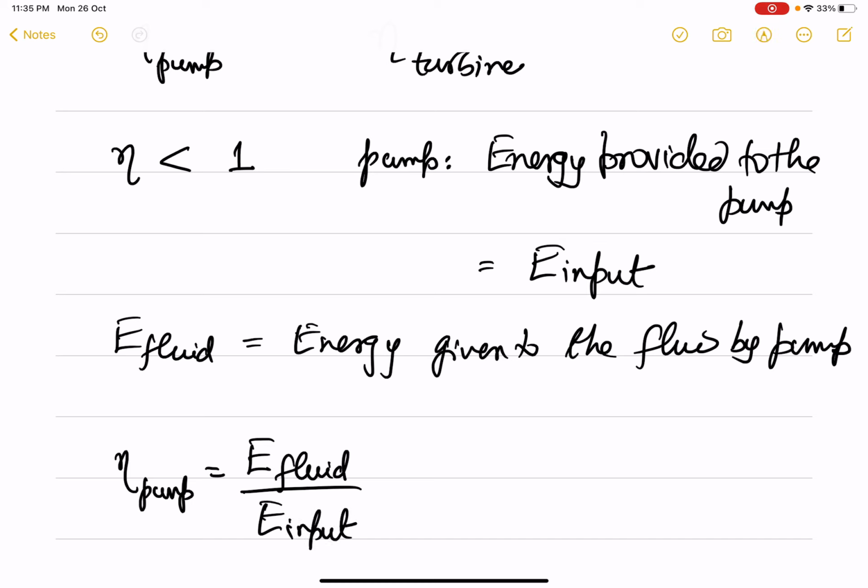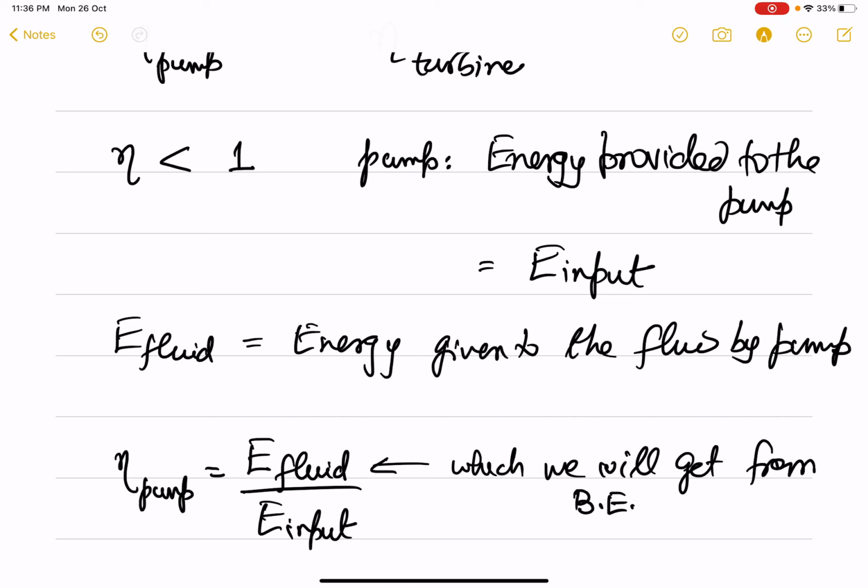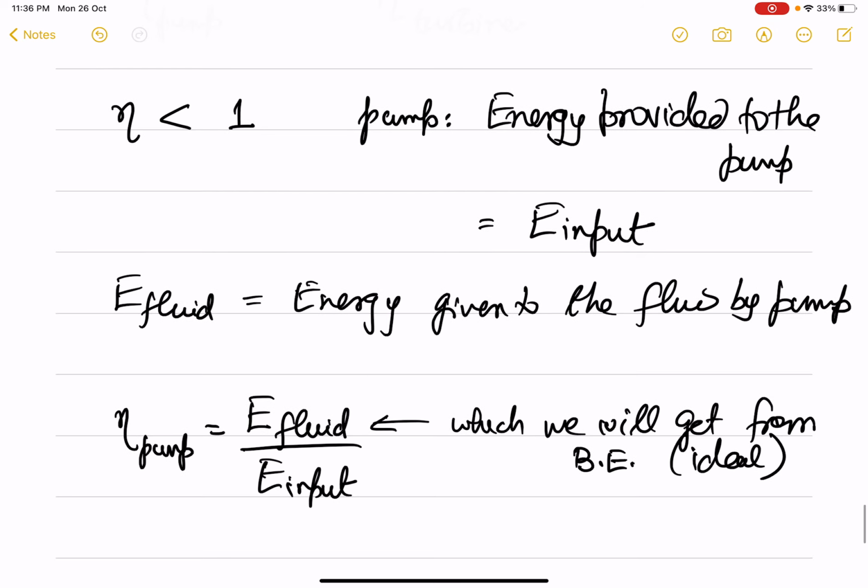And when this efficiency is less than 1, it tells us that all the energy which we are inputting to the pump does not go into the fluid. The energy in the fluid is the one which we get from Bernoulli's equation if we are assuming ideal flow. But obviously there are viscosity effects which have not been accounted for.